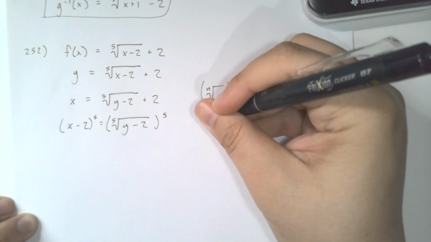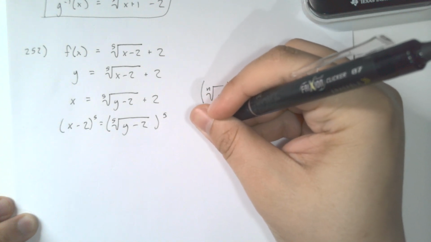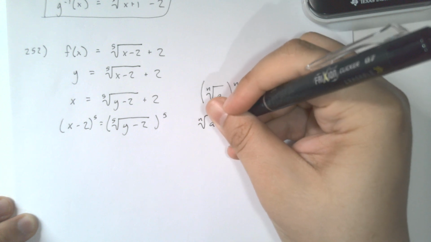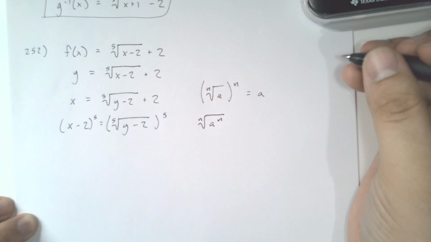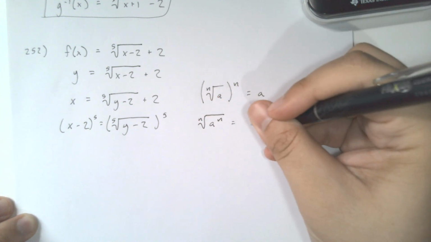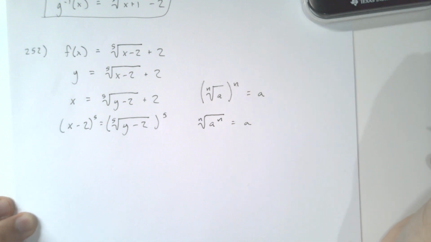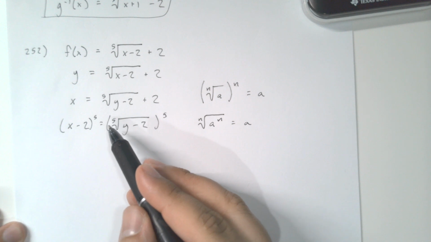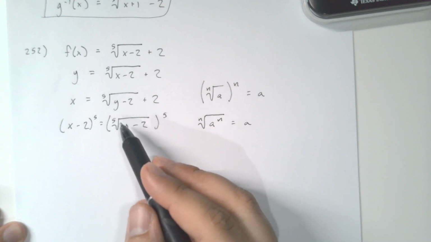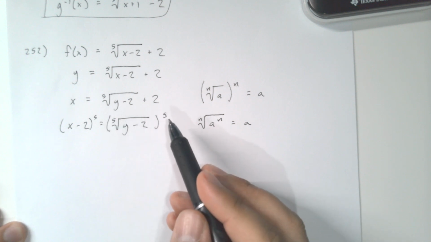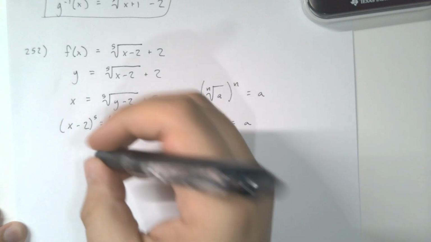What if we have, say, the nth root of a to the n power? This will also always cancel out. So just because we have a 5 here doesn't mean that we have to do anything too crazy. We're just going to raise it to the fifth power, and it'll cancel everything out.